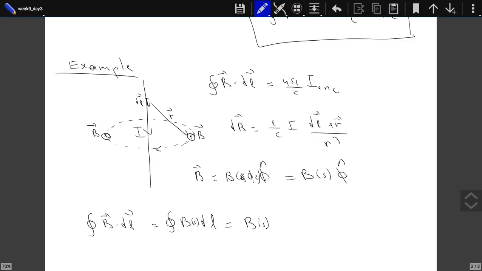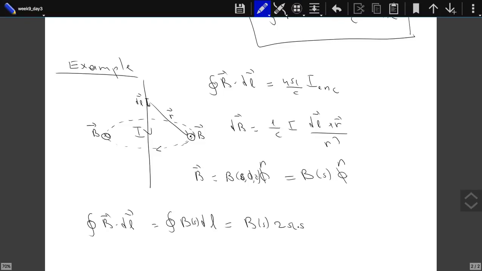What remains is just the path integral. This line integral is nothing: you divide your line into very small segments, and for each segment, dl is the length of that segment. I'm summing all those lengths, and I obtain the total length of my closed loop, that is my circle. Hence it is 2 pi times s. This is B dot dl. Although I don't know what B is, I could evaluate the integral. This is kind of the trick.